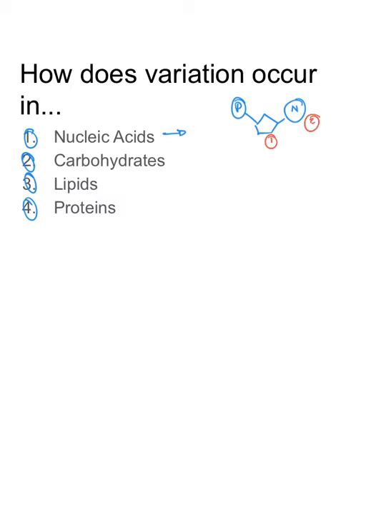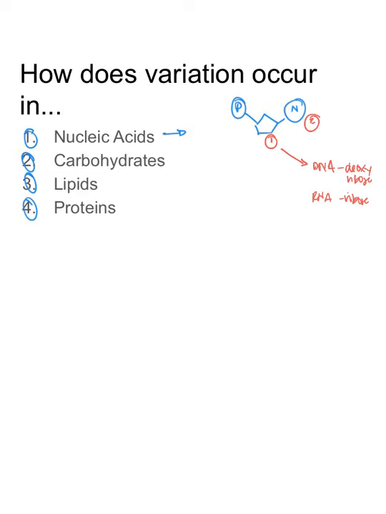Okay, so for example, in DNA and RNA, DNA has deoxyribose. That is the name of the sugar, and RNA just has ribose as its 5-carbon sugar.